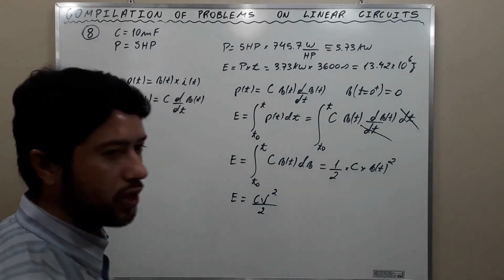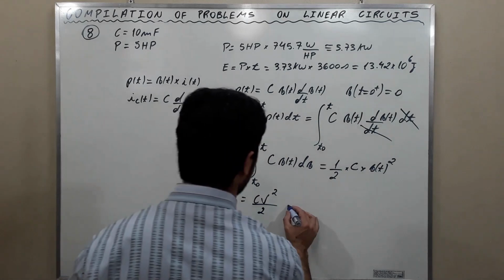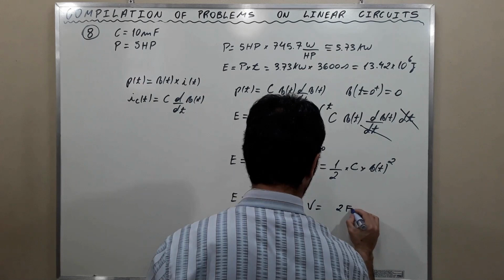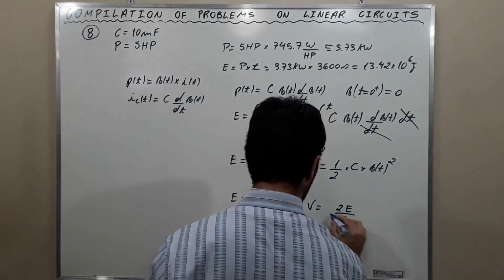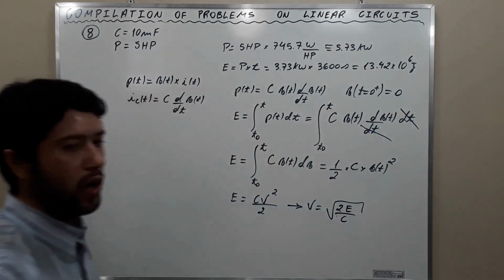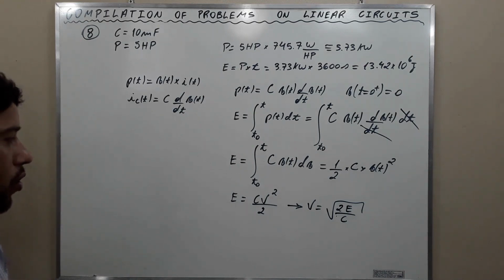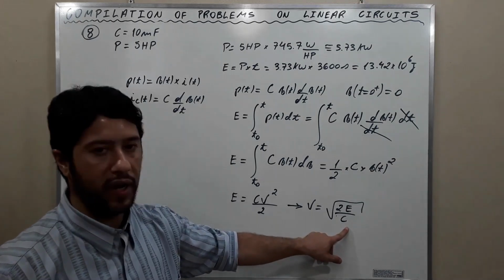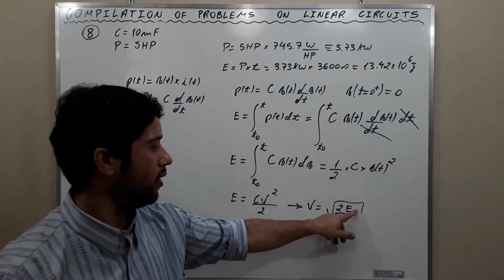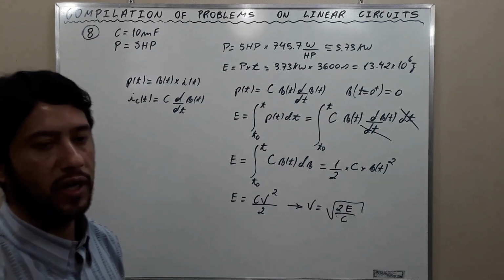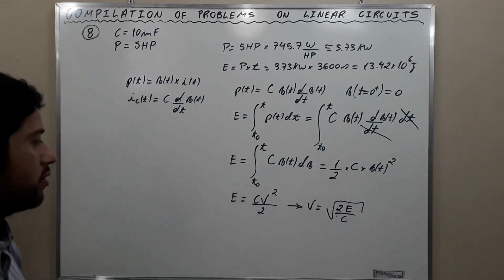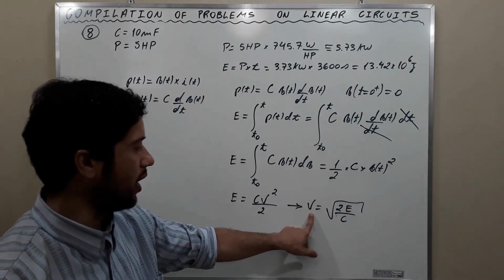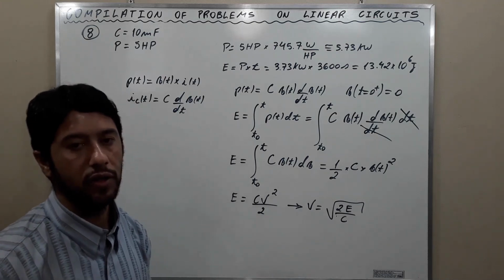From this expression, we find that V is equal to the square root of 2E over C, where C is the capacitance of the capacitor, E is the energy that will be stored in the capacitor, and V, the voltage of this capacitor after this amount of energy is stored there.